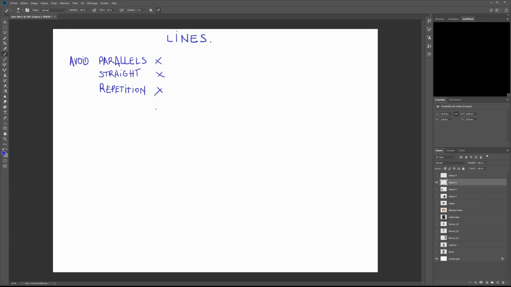Okay, so fourth thing, we are gonna try to avoid symmetry. Why is that? Because yeah, as you can see here or here, that's no good either. It's boring.